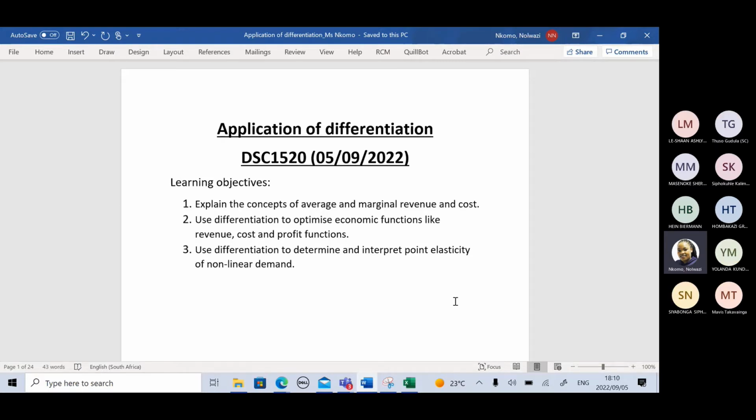You should be able to use differentiation to optimize economic functions like revenue, cost, and profit functions. And the third one, use differentiation to determine and interpret point elasticity and linear equations.